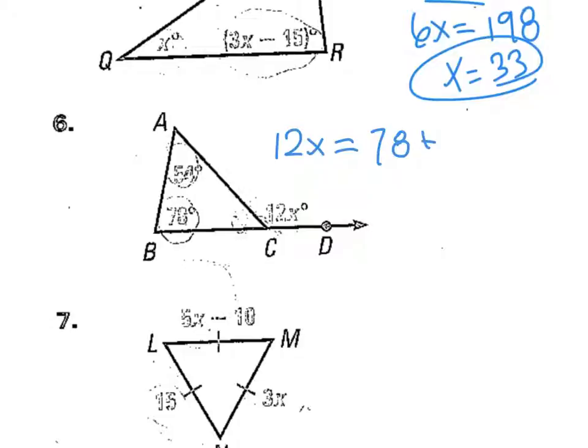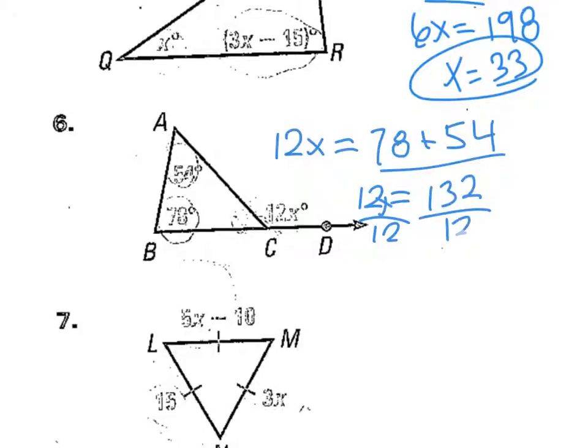It's those two angles put together that will equal the 12x. So now it's 12x equals 78 plus 54. It's going to give me 132. Divide by 12. x equals 11.